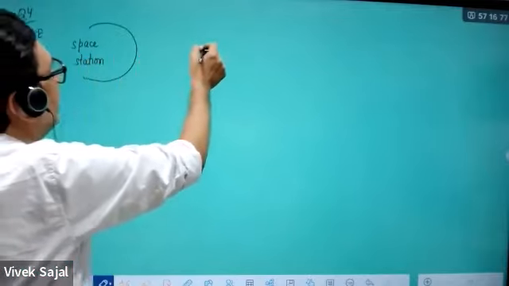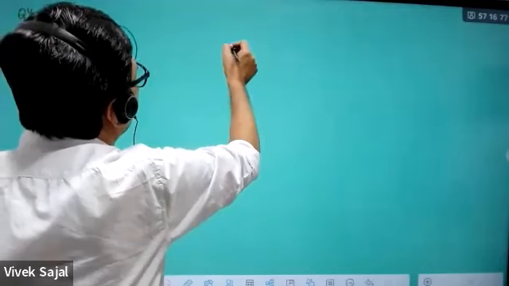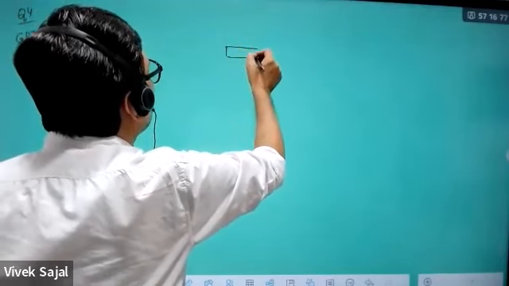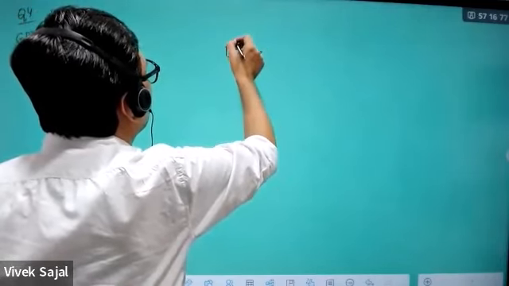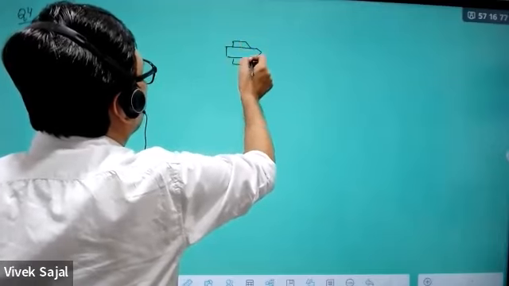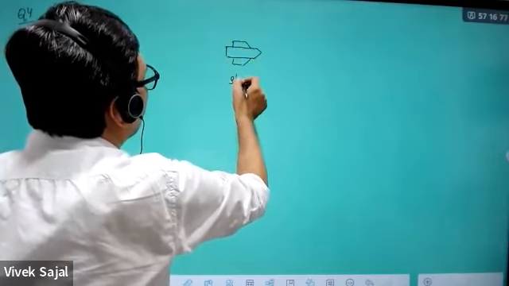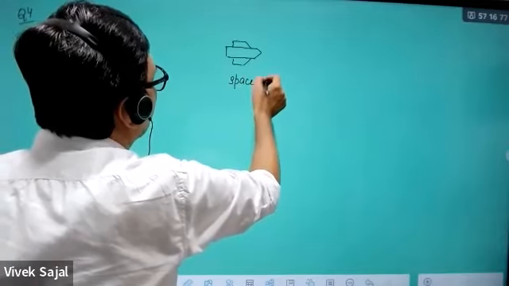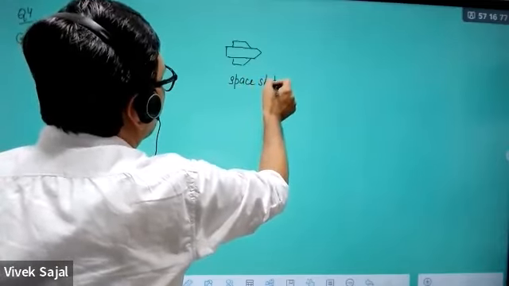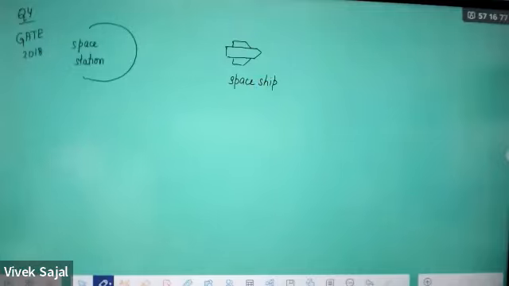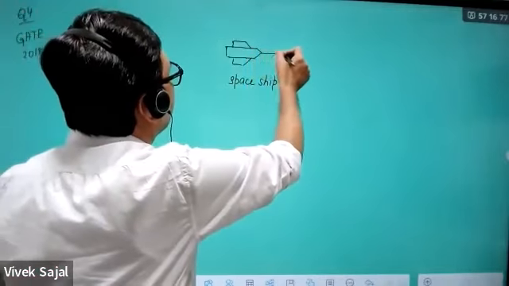And from here, a spaceship is moving. This is a spaceship that is moving, and it is moving with 0.7 c away from the station.